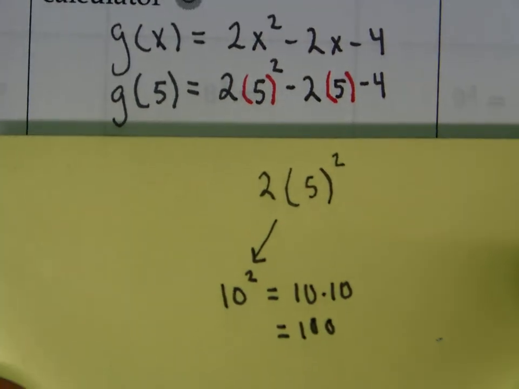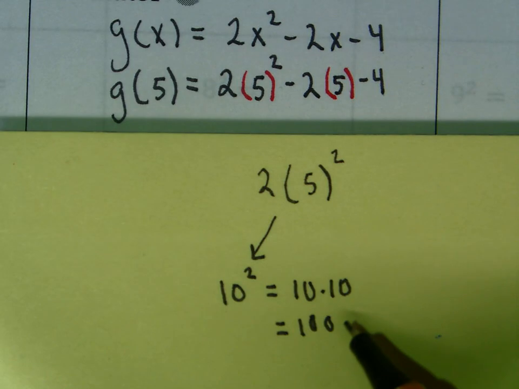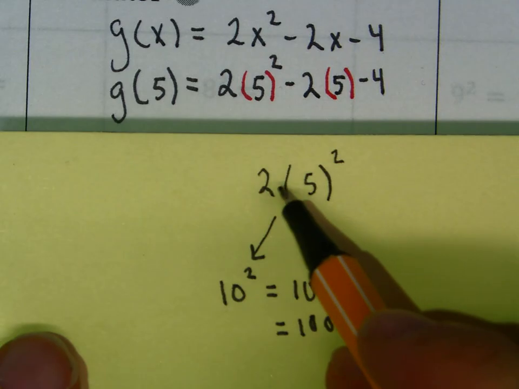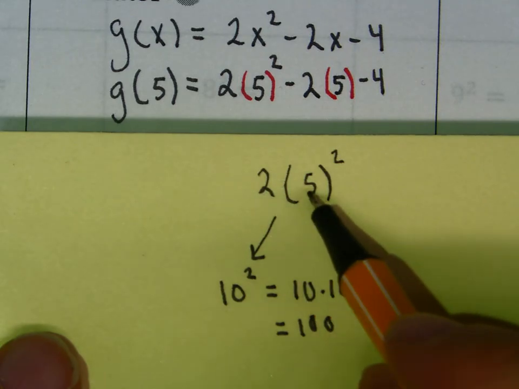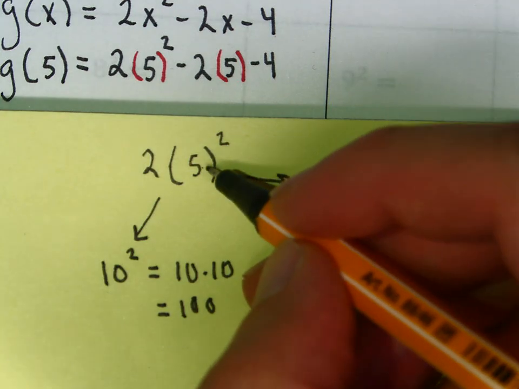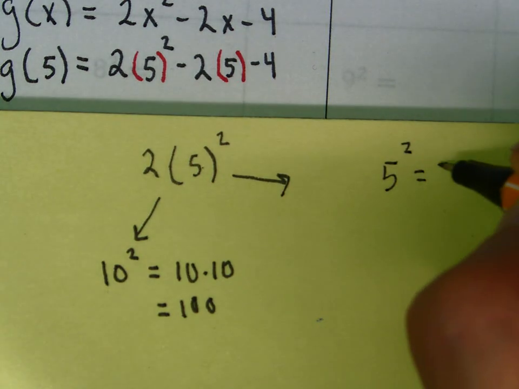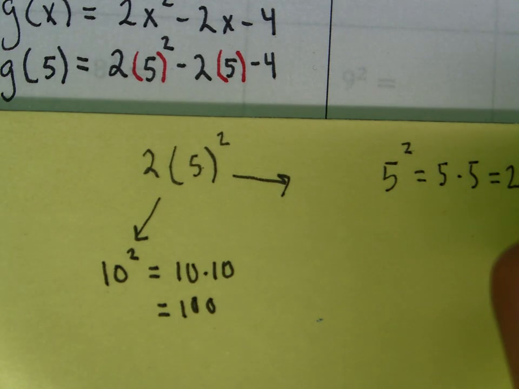If you did that, you will get a big fail because this is incorrect. You don't do 2 times 5 first. What must you do? You have to do the 5 squared first, and notice what is 5 squared? That's 5 times 5, which is 25.